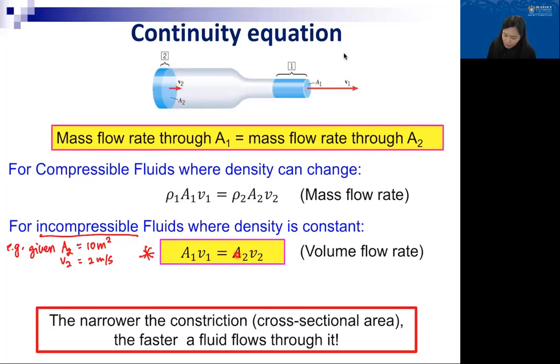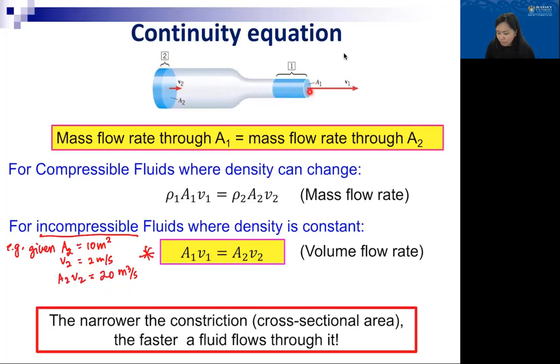Then using the continuity equation, A2 times V2, the cross-sectional area times the speed of the fluid, is simply 20 cubic meters per second, right? It's essentially just multiplying the cross-sectional area with the speed. So that's 10 times 2, which is 20 cubic meters, which means every second, 20 cubic meters of fluid is flowing through this cross-sectional area at the left end of the pipe.